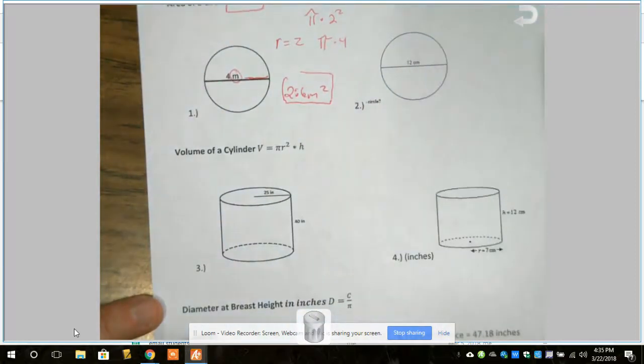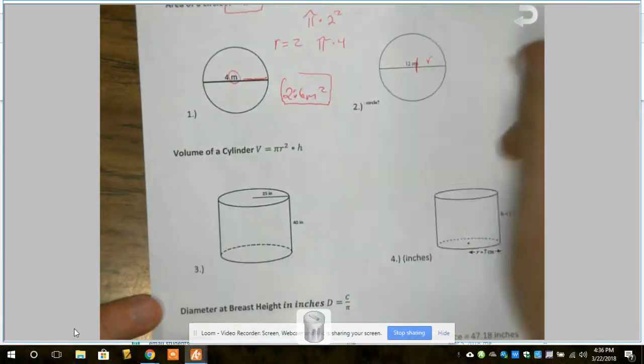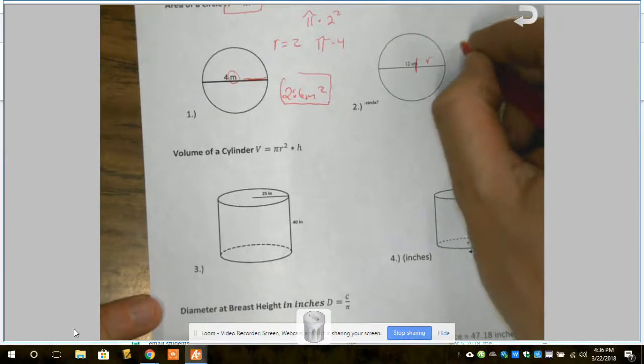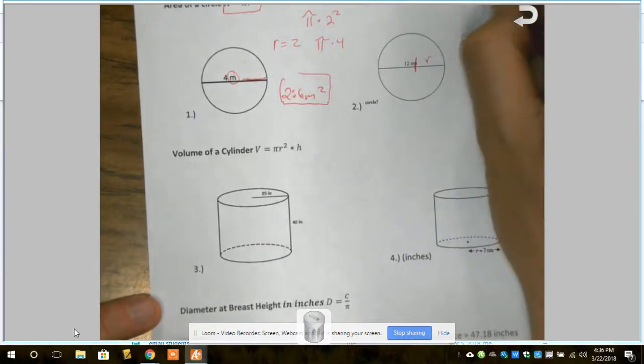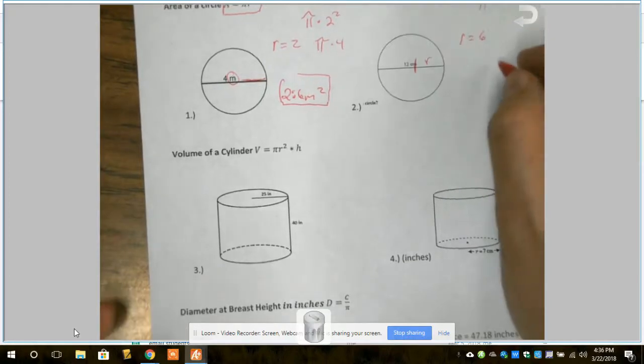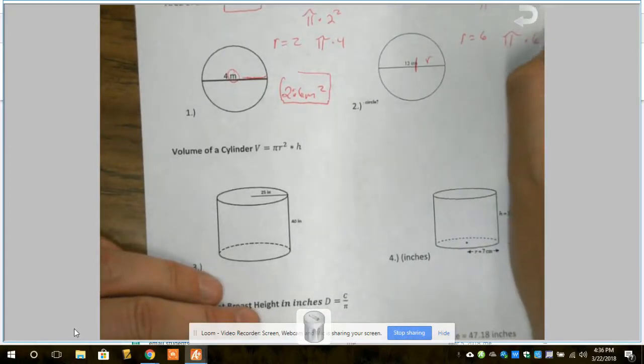Okay, so this one next to it, half of this is going to be the radius. Half of 12 is 6, so the radius is equal to 6. Then I have pi r squared, so pi times 6 squared.